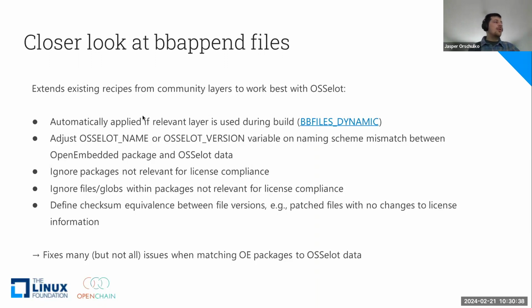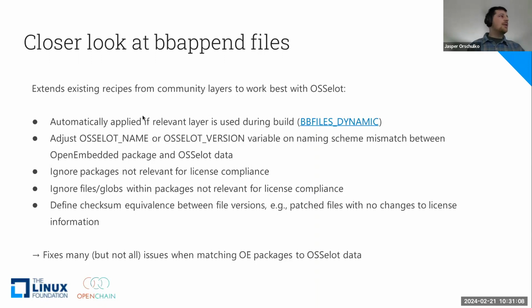And we can also use the BB append files to manually set packages to be ignored, for example in the actual image recipes. For core-image-minimal, we set it to be ignored because it's basically a meta package that doesn't install anything itself, but just defines which other packages to use.